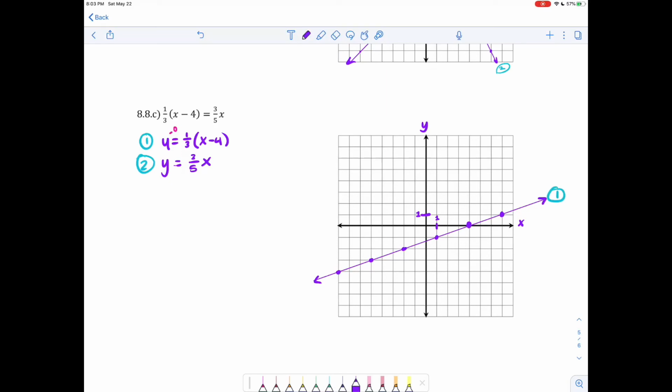And now I graph equation 2. So I have y is equal to 3/5 x, which means my slope-intercept form, I would have a y-intercept of 0. And I have a slope of 3/5. So I would go up 3 over 5. I would also go down 3 and backwards 5.